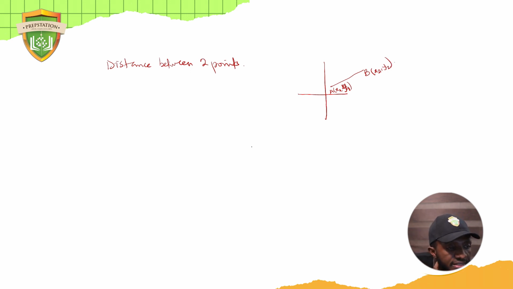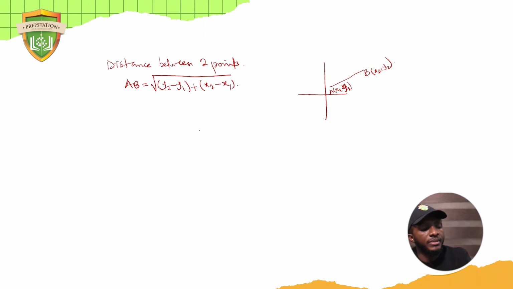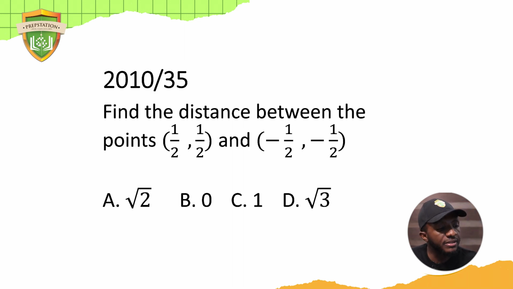Now, the distance between points A and B, AB, equals the square root of y2 minus y1 squared plus x2 minus x1 squared.